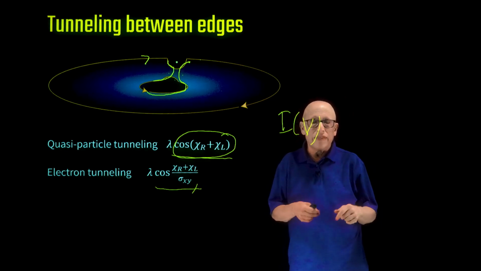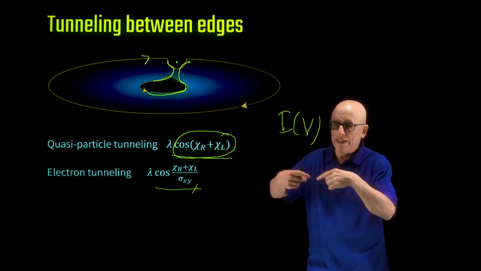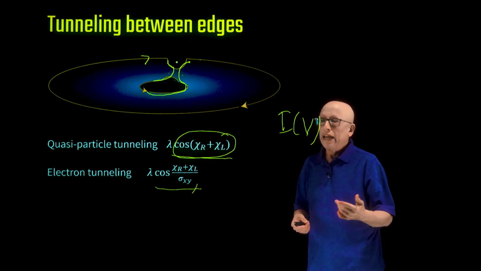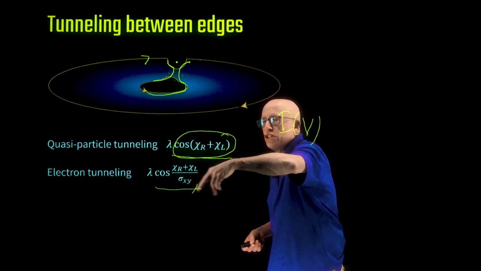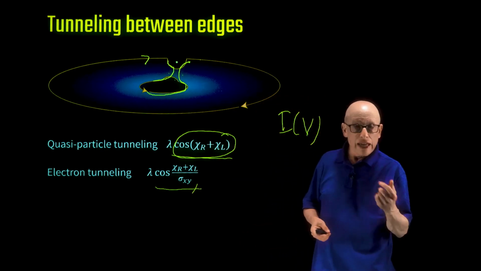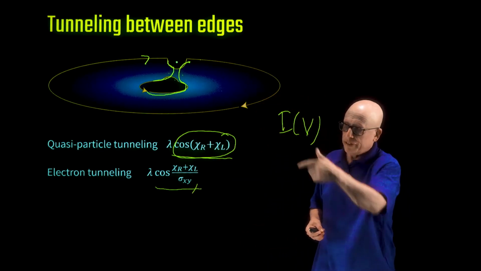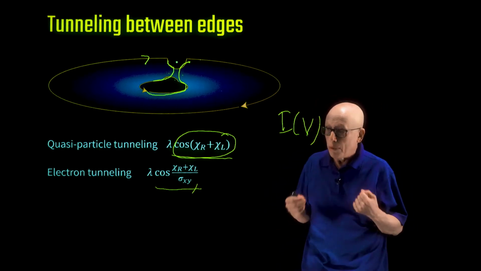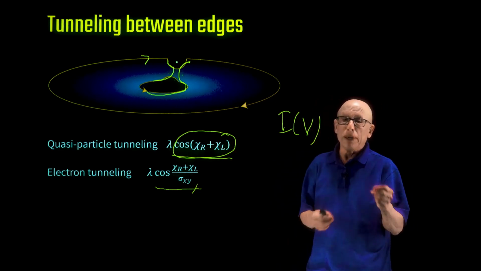But more than that, there's also a process of renormalization as a function of energy and temperature, which changes the value of lambda, and which is something I will not cover in this lecture. So renormalization makes lambda depend on energy.